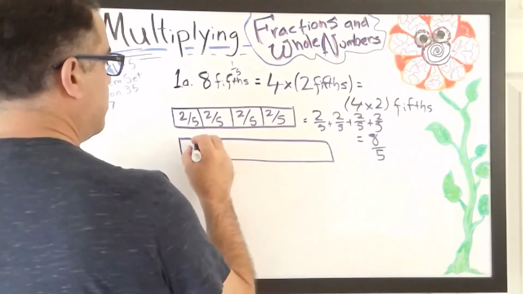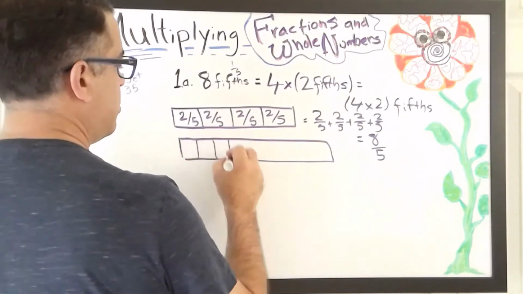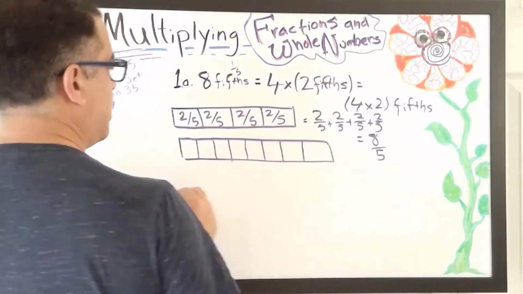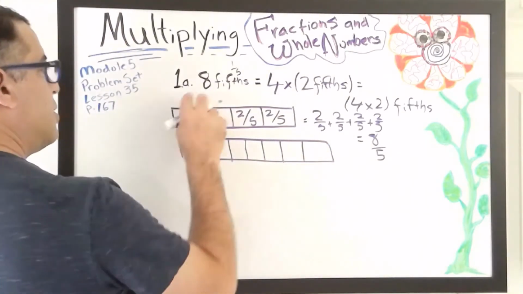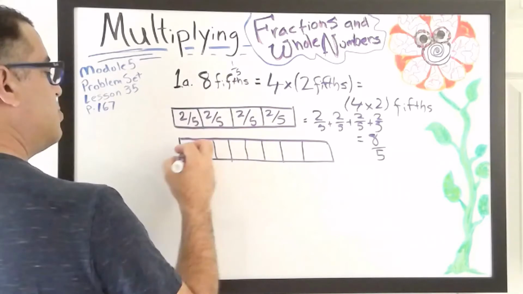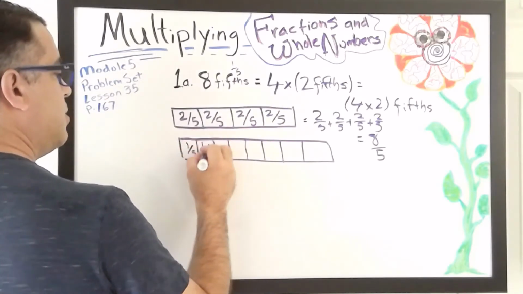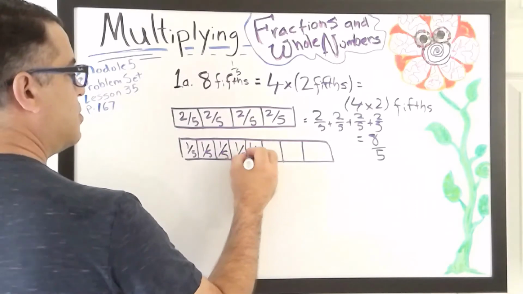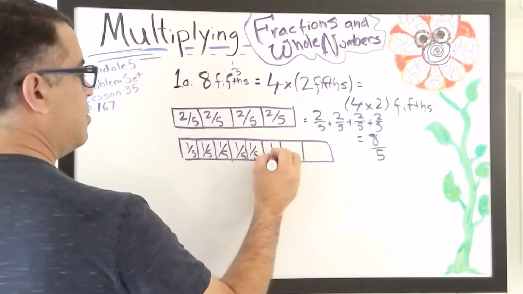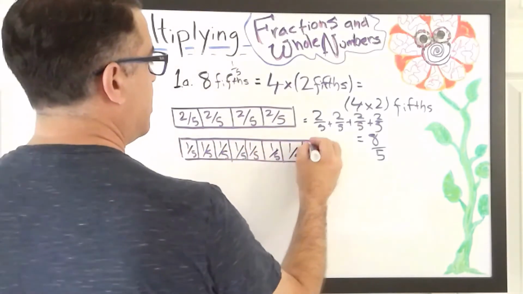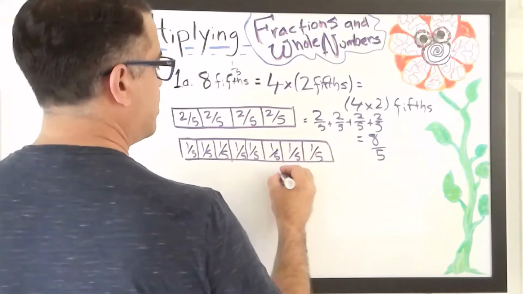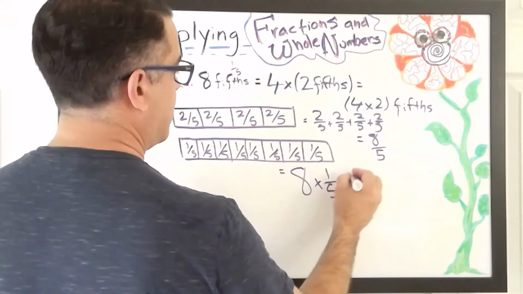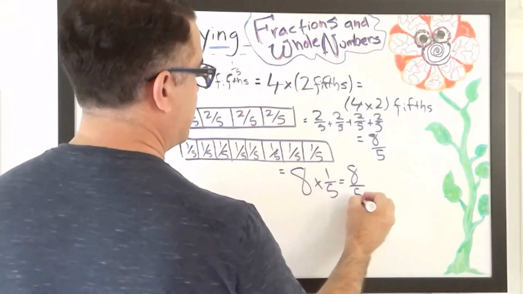That would equal 1, 2, 3, 4, 5, 6, 7 lines gives you 8 spaces because it says 8/5, which is 1/5. The other way to write this would be 1/5 plus 1/5 plus 1/5 plus 1/5 plus 1/5 plus 1/5 plus 1/5 is the same as 8 times 1/5, and that also gives you 8/5.